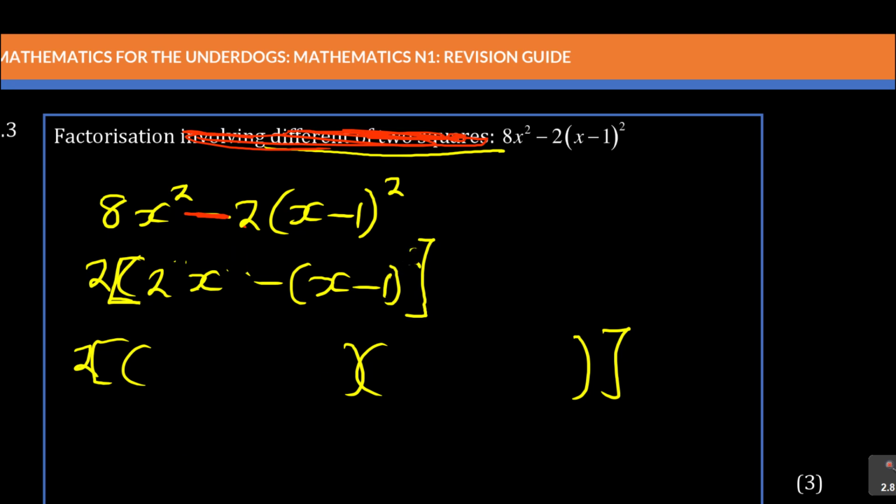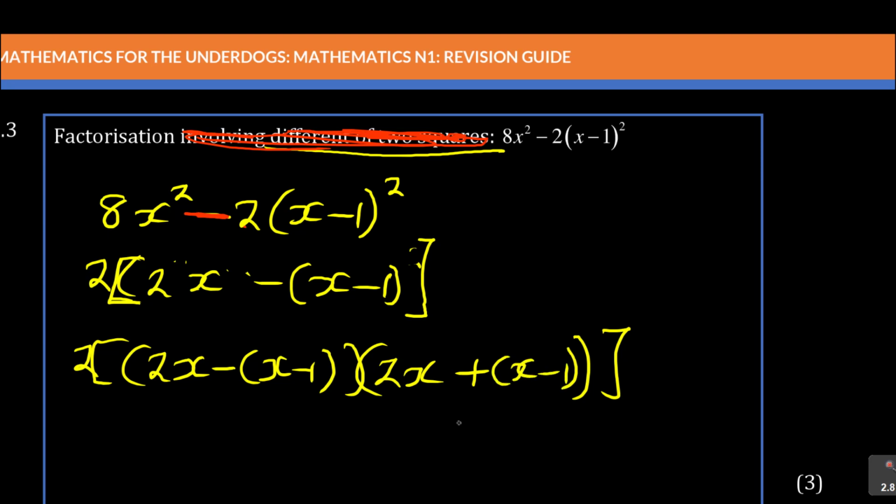You write 2x minus x minus 1. And then you write again 2x, now you have got plus bracket x minus 1. You see how it changed? It changes there. Alright. So now, of course, I need to bring those squares back just to make sense.